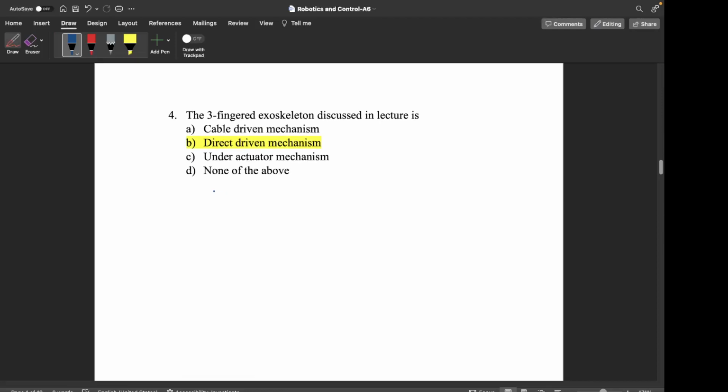So the first lecture covered a general introduction to exoskeletons. And when we think of exoskeletons, like the examples shown there, they could be for a small part of the human body, like you just wear on your hands or fingers, or it could be a full body exoskeleton, right?